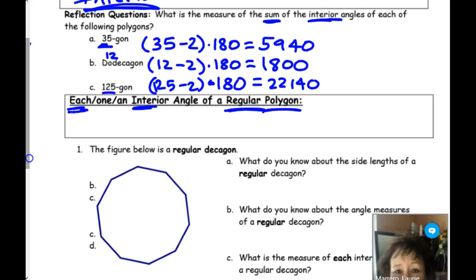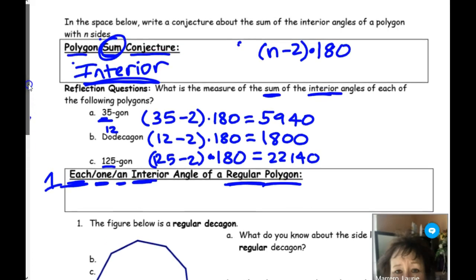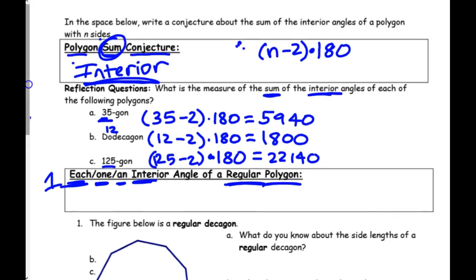So it'll either say each or one or an interior angle. That just means give me one of them, right? So you tell me, if this formula gives me the total, what do I do with the total to get one of them? If I know all the angles add up to some number, I need to divide it into however many sides there are, right? However many angles.